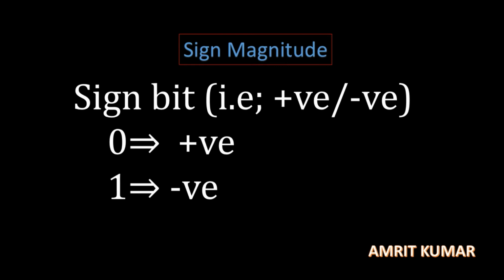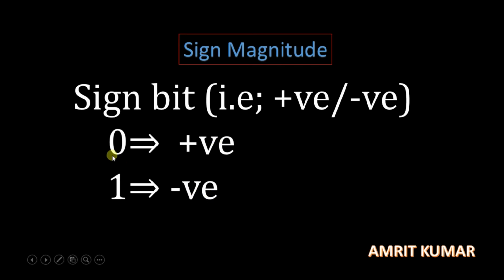Here the sign bit can indicate a positive or negative value. For the sign bit, the value 0 in C language is treated as a positive number, and the value 1 in C language is referred to as a negative number.